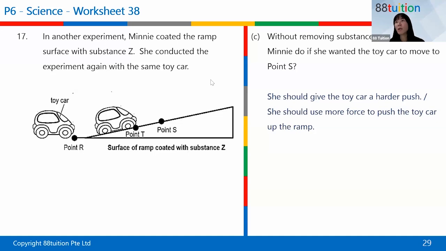Okay, actually, it depends on how you reason it out as well. But if you put more force, don't you think it is going to make the car actually move up a lot faster? Yeah? I think can, right? Yes. But you need to be exam smart. Correct. Cannot remove Z, but can he add lubricant?